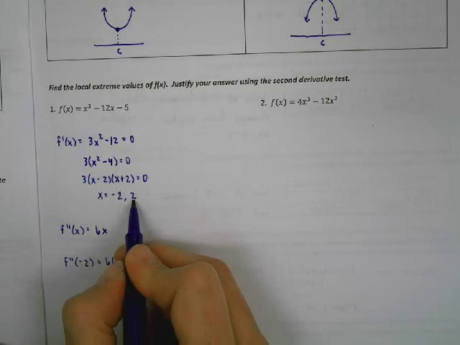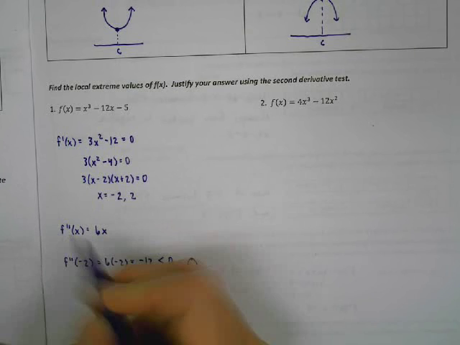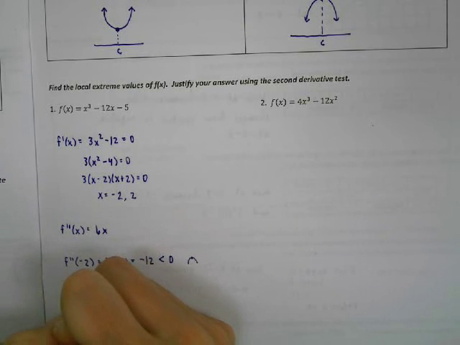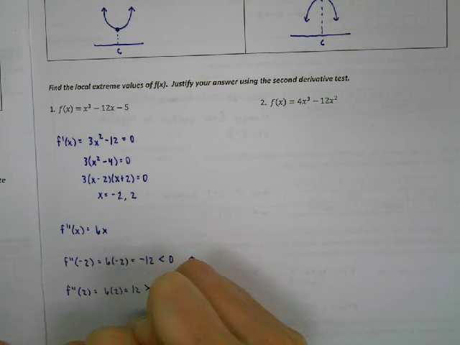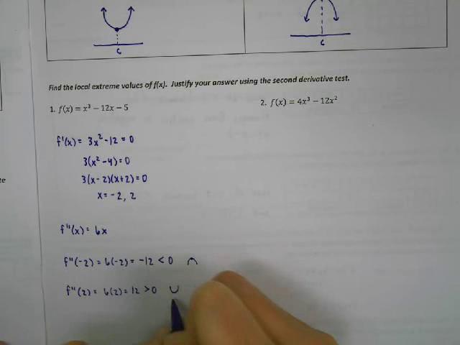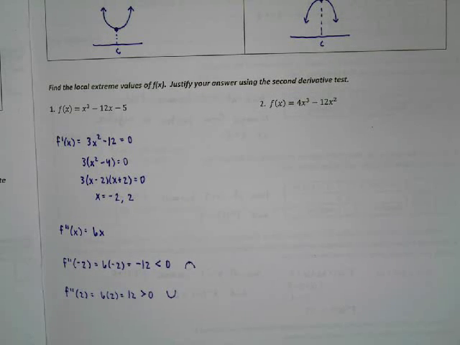Now, again, if I test my second critical point, I'm plugging in the second derivative to find out about the concavity there. Now I have 6 times 2, which is 12, which is greater than 0. So now I'm concave up, which gives me a local min. So that's the work we would show.